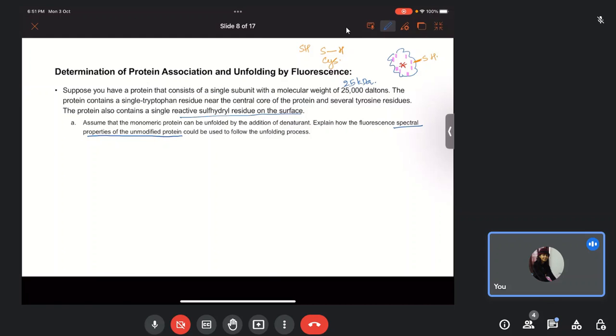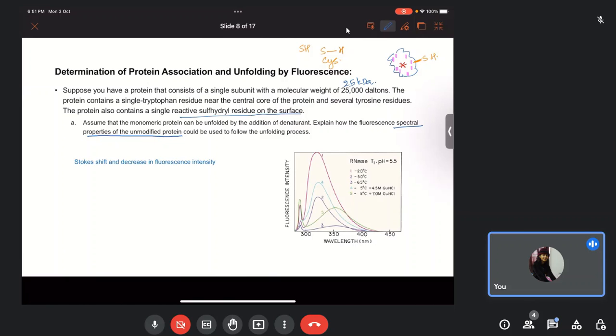So how can we study the unfolding of this monomeric protein? What do you think about it? Do you have any idea of how the fluorescence signature of the protein will change depending upon whether it is folded or unfolded? There have been a lot of studies done, and we have covered a couple of those things in the class.